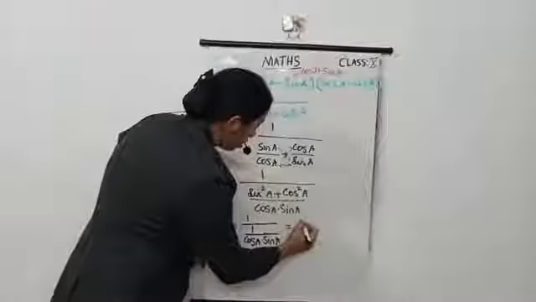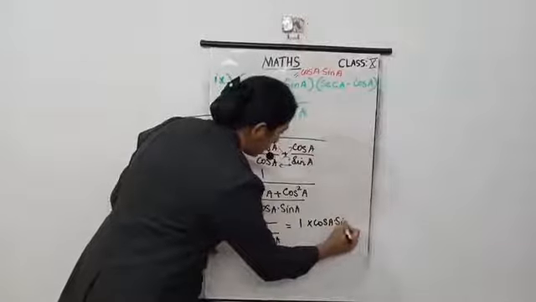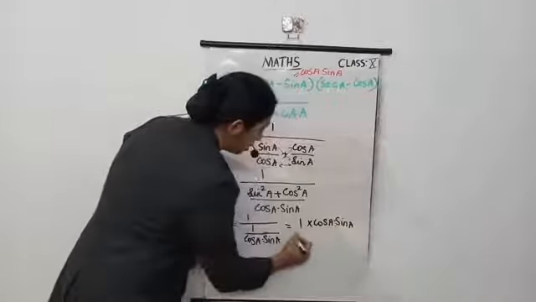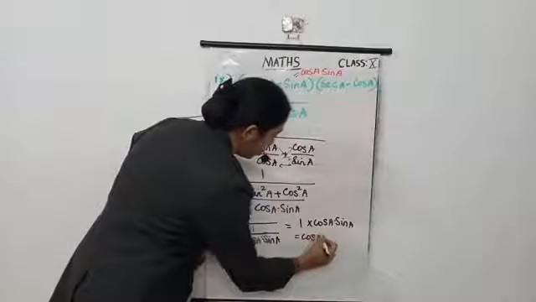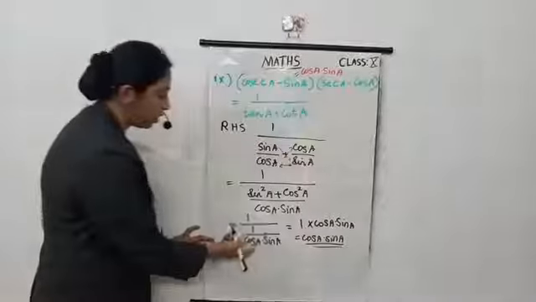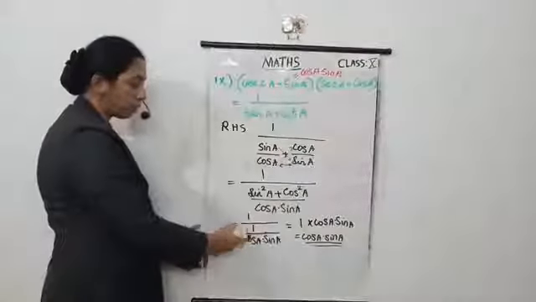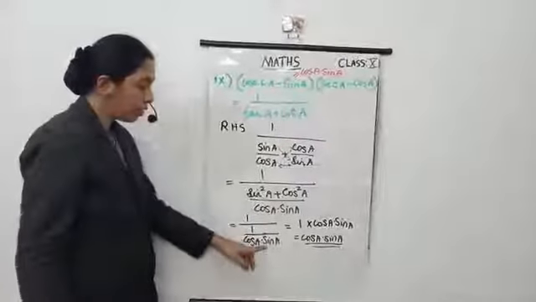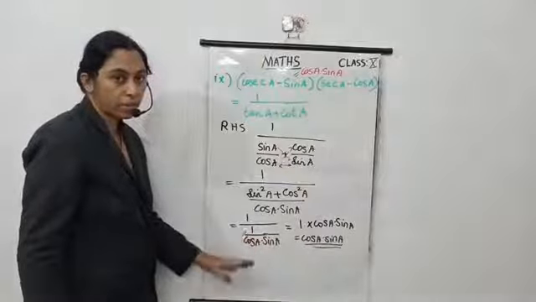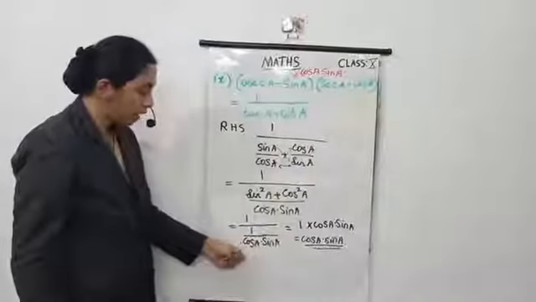That is 1 into cos A into sin A, that is cos A into sin A. Reciprocal means cos A into sin A by 1. By 1 means no problem, we need not write this 1.